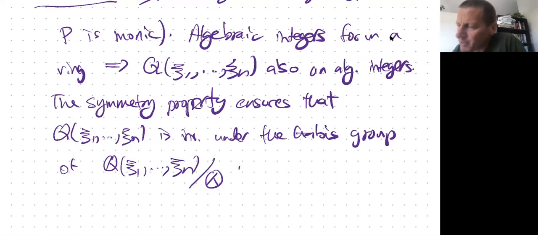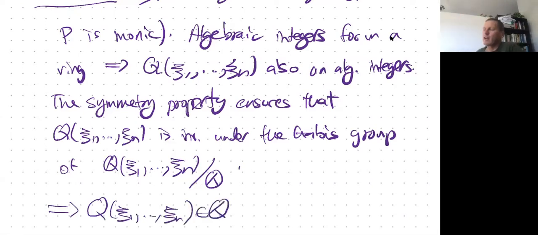Again, sorry, there's something confusing here. Just so you notice, this is the value of Xi valued on this polynomial Q, and this is the rational numbers. It's a different font of the Q. And this is the field generated over Q by the Xi's. And so you're invariant under the Galois group, and that means that this number is a rational number.